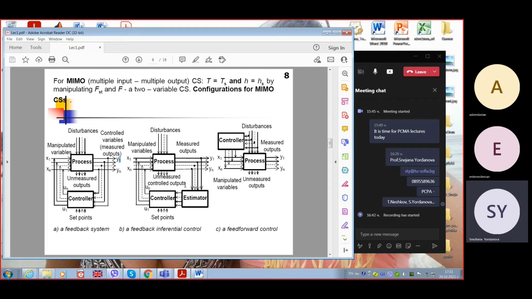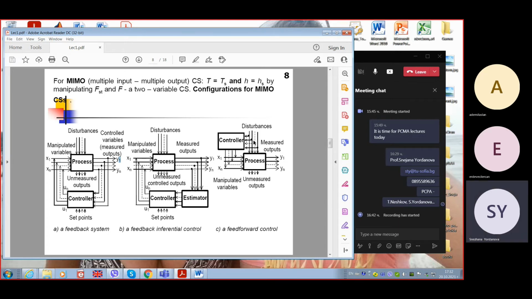We want to stabilize them, or they should follow a desired schedule in time, or should follow changes of some oscillatory or different variable. So we apply different principles for operation of this control system.